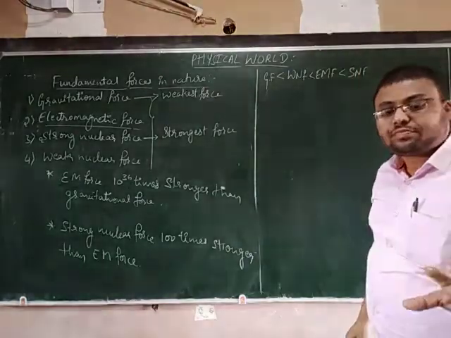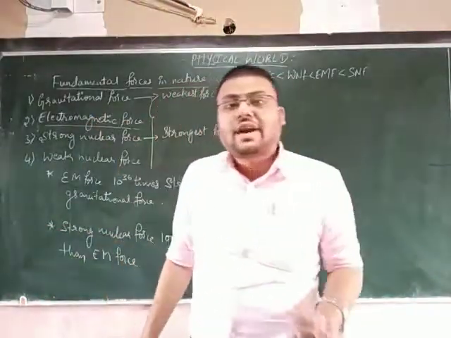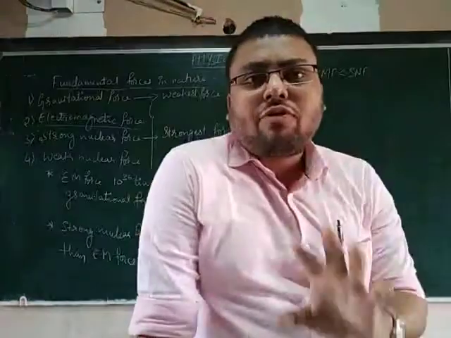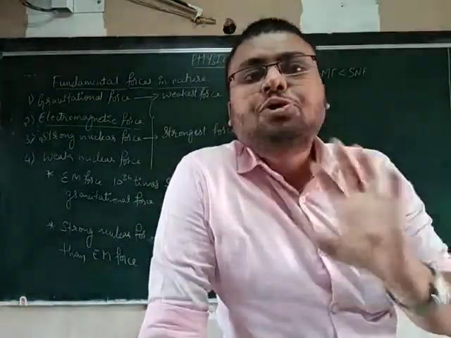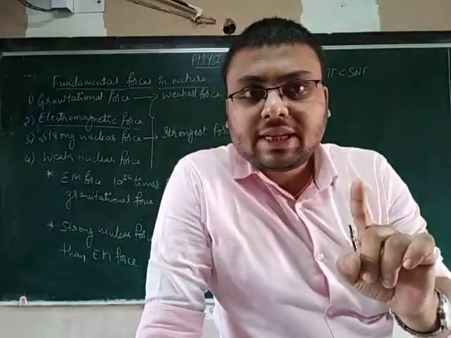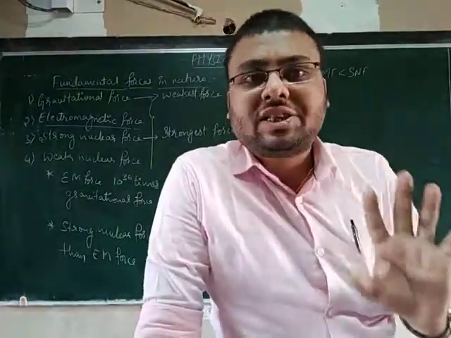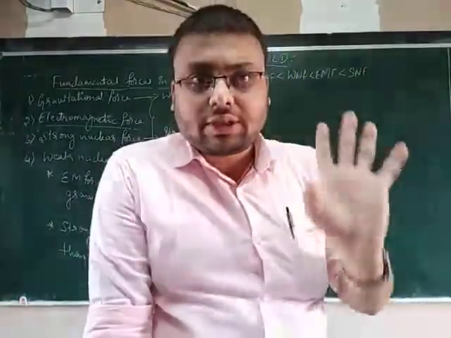Is it clear? Okay. Now we come to the gravitational force. What do you mean by the gravitational force? It is the force of attraction between any two particles in this universe. Look here, gravitational force means the force of attraction between the particles in this universe.